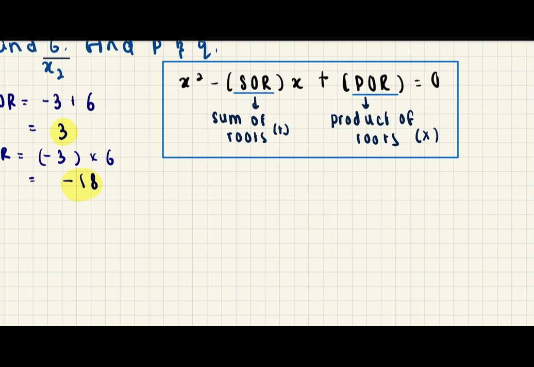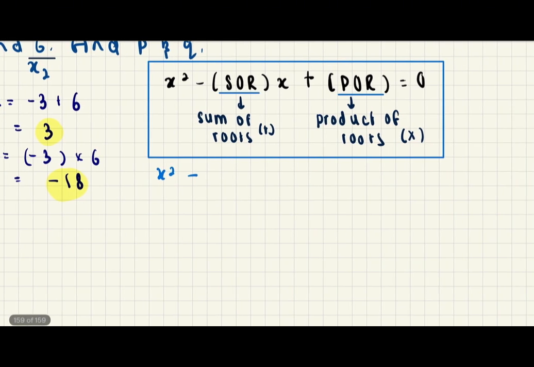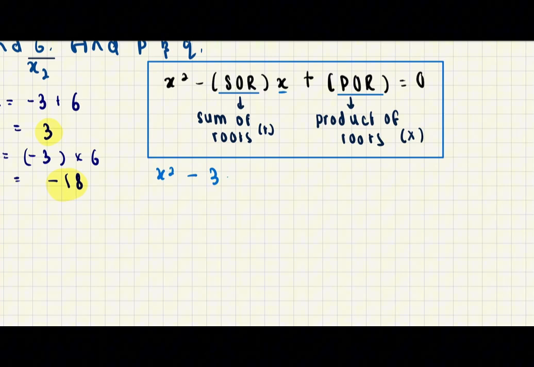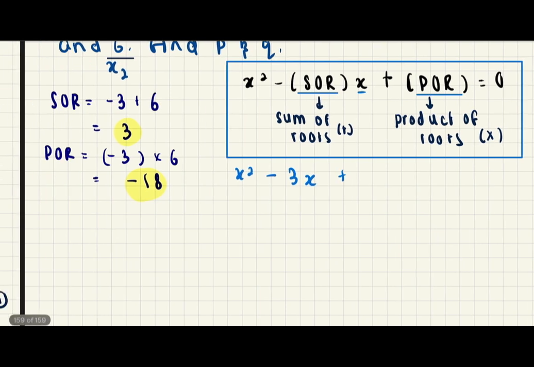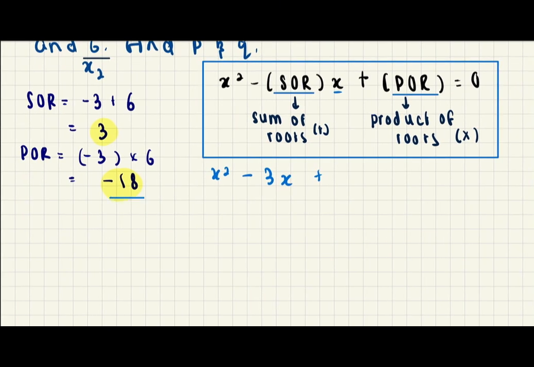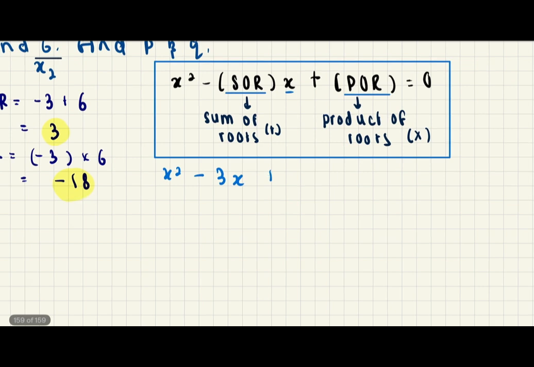So right now, you can put this into this equation. Alright? So x squared minus our SOR, which is 3, and then there's an x. So rewrite the x. Don't forget the x. Our POR is negative 18, so don't put plus. This is negative. Negative 18 equals 0. Okay. So this is going to be our equation 1.